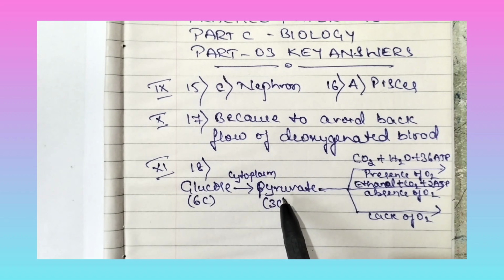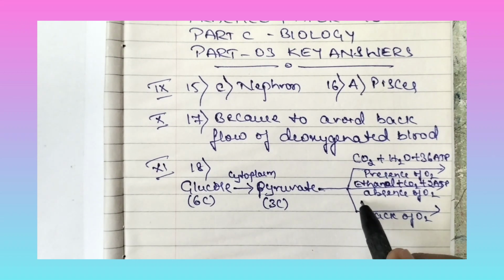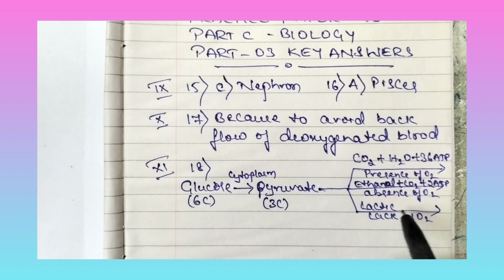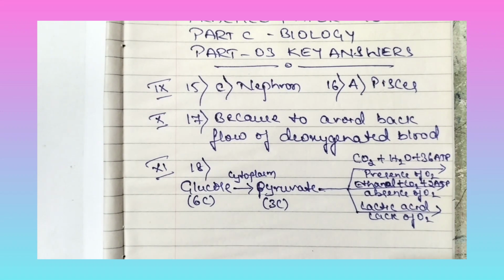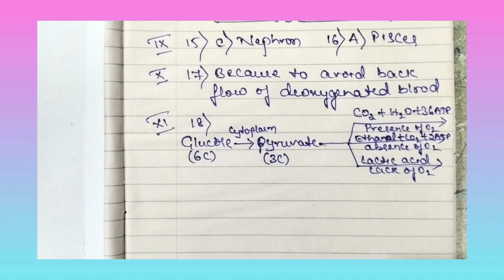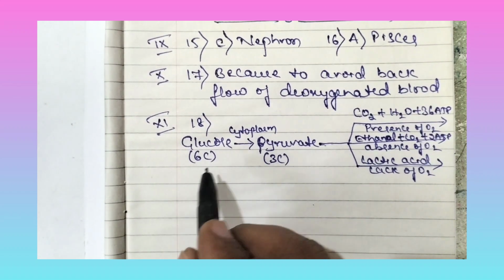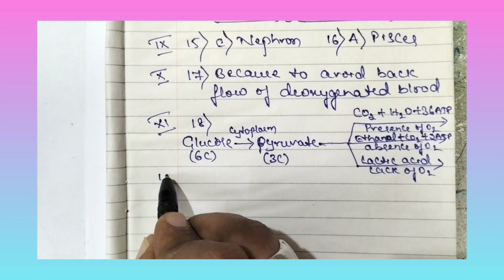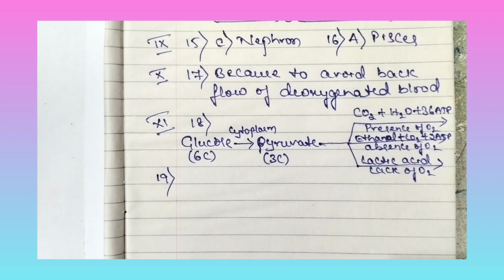Then pyruvate in muscle cells, in lack of oxygen, is converted into lactic acid. So this is the pathway for the breakdown of glucose. Now let us move to the 19th question.